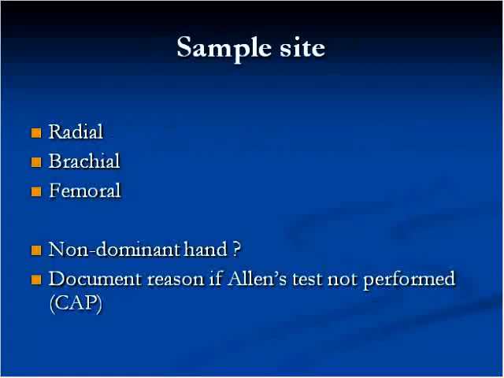I'm sure everyone listening to this program would know the 3 sample sites, radial, brachial, femoral, in order of priority. But kind of the interesting question I wanted to point out, first I'll jump down to the very last bullet point and say that CAP has been pretty strict about looking at if people are doing Allen's tests, modified Allen's tests to be more precise, before they're doing radial punctures.